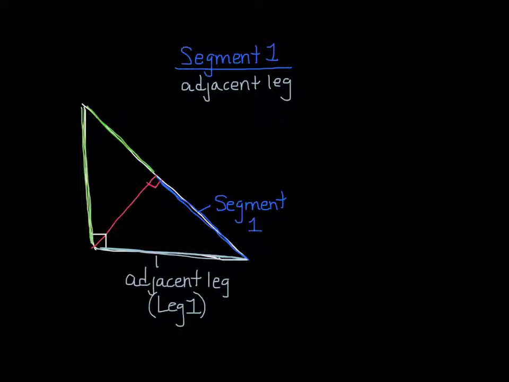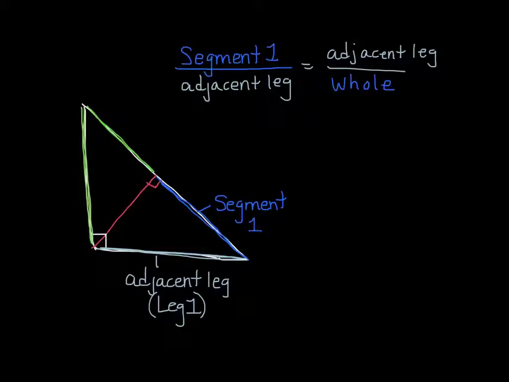And that adjacent leg is the geometric mean. The adjacent leg is the geometric mean between segment 1 and the whole hypotenuse, and this is the key point in Corollary 2.